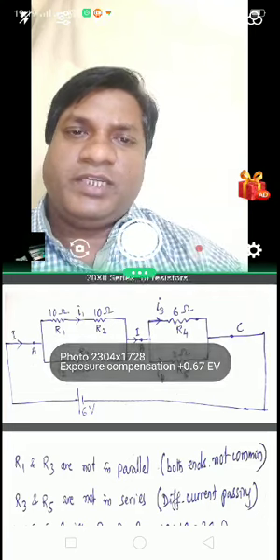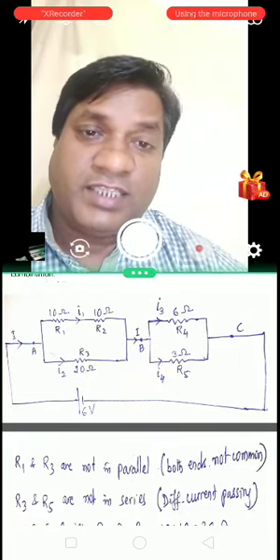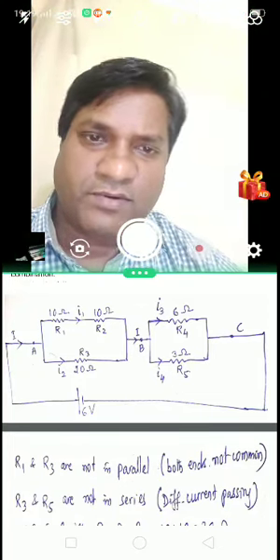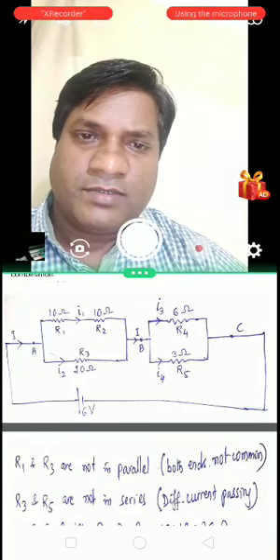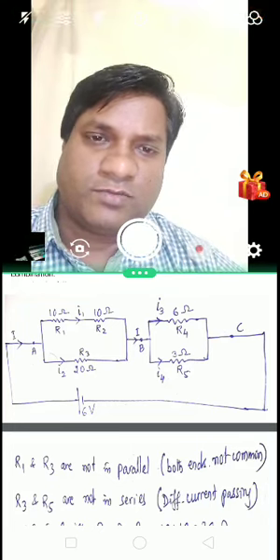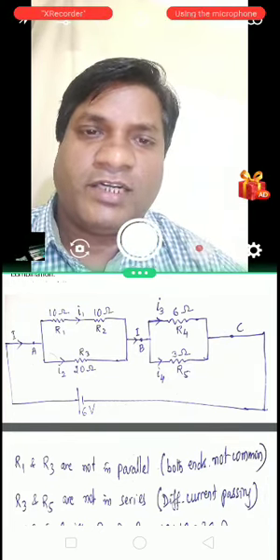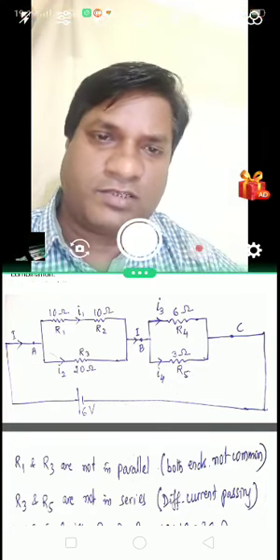So suppose we need to find out the current I3 that is passing through the resistance, say R4, that means the 6 ohm. Suppose you have been asked to determine the current flowing through the 6 ohm resistor.